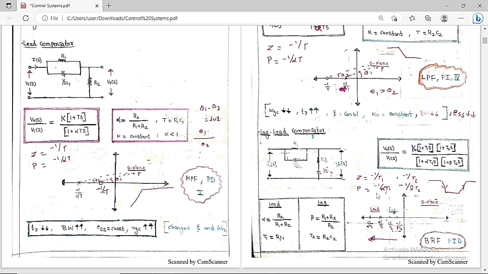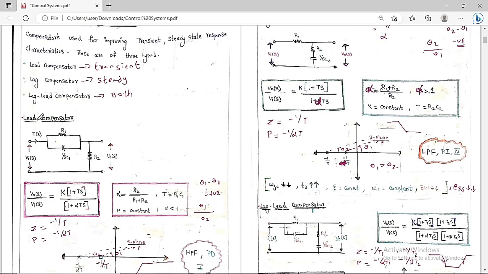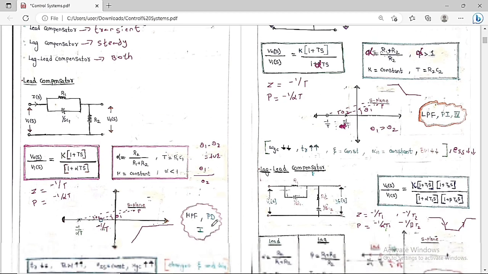The lag-lead compensator is also called a PID controller. As a shortcut, in the case of the lead compensator, D is there, so it is also called a PD controller.